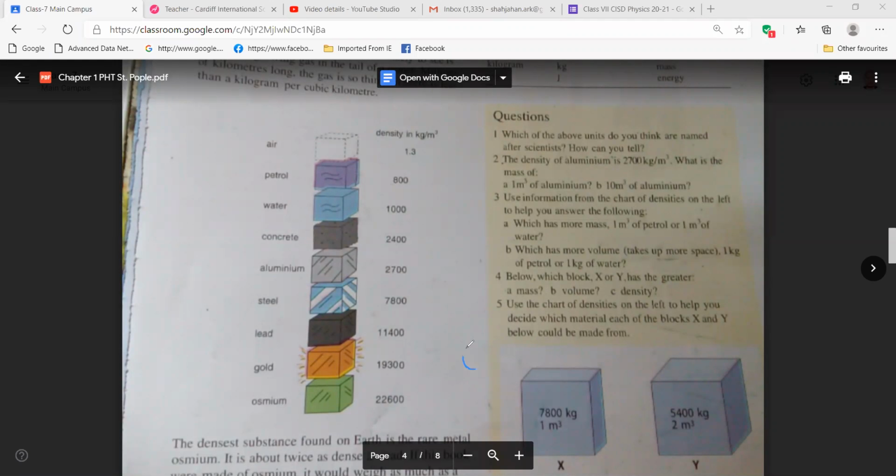What is the formula? The formula is rho equals mass per volume. That means density equals mass per volume.